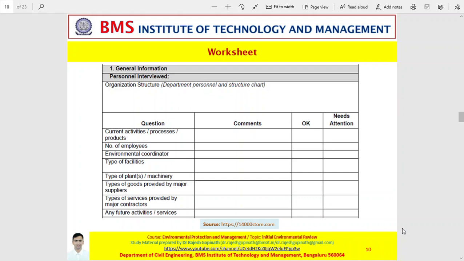So basically, all this data has to be acquired, and for each piece of information collected, you need to analyze whether it is good to go or whether there are certain things among these which require attention.